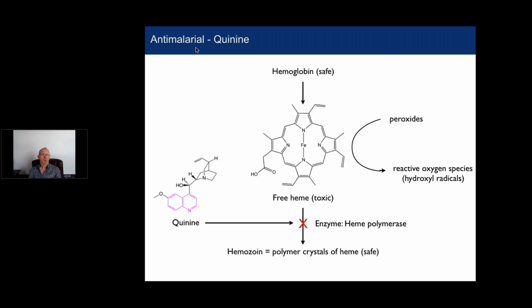But what's neat about the quinine molecule is that it has a different enzyme target in a different place. Quinine basically inhibits the heme polymerase enzyme that's responsible for generating the safe hemozoin.